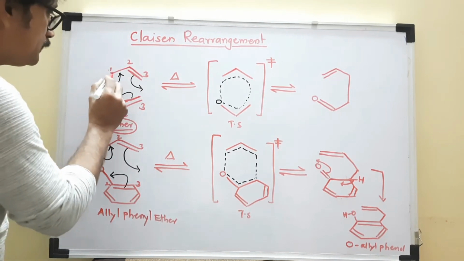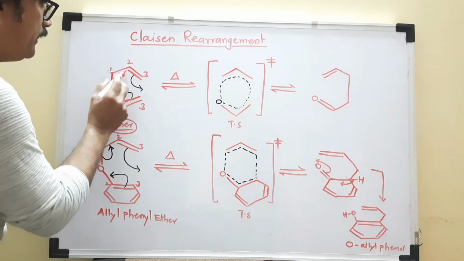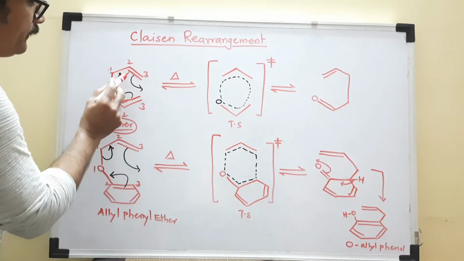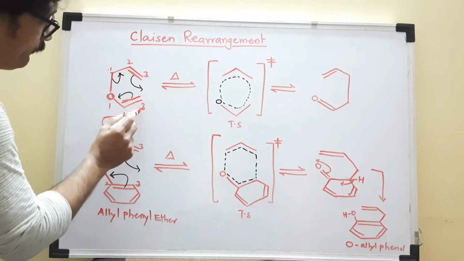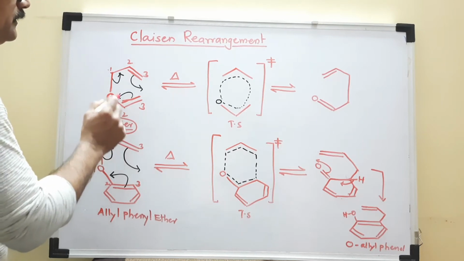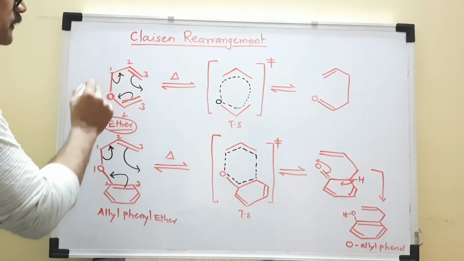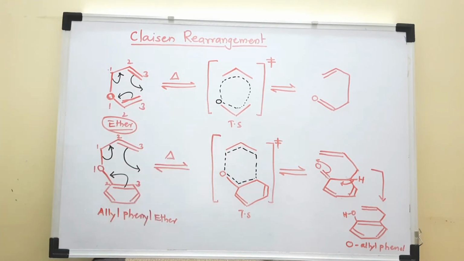Now see, this sigma bond which is in between carbon and oxygen is moving here in between 1 and 2. And the bond between 2 and 3 is moving in between 3 and 3. And the bond between 2 and 3 is moving in between oxygen and carbon. So if I show all these bonds with the help of dotted lines, I get here a cyclic transition state.